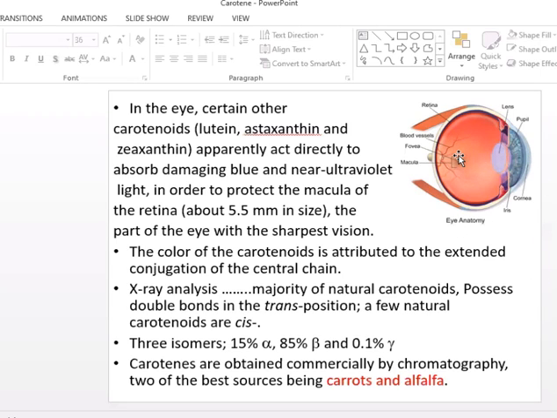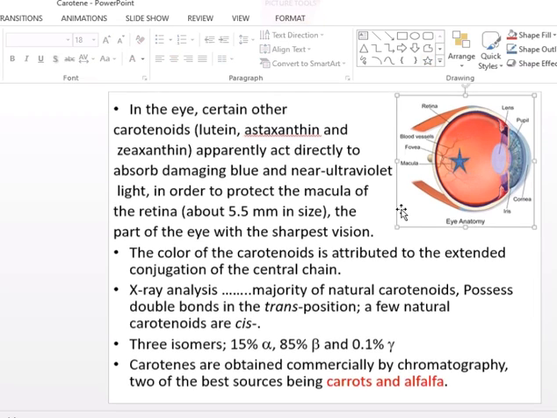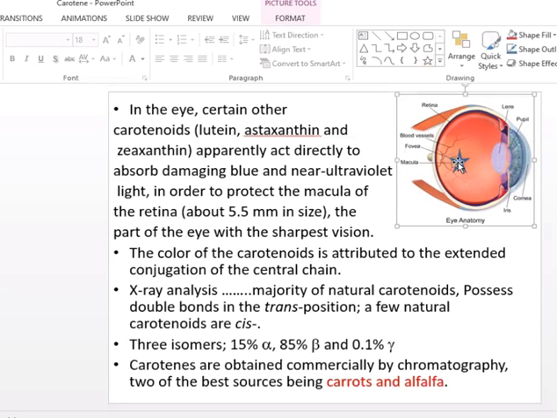When light is coming, here is the area. This area is called macula, and here the maximum light can be absorbed, and here is the sharpest vision. And this is being protected from the UV and the blue rays.